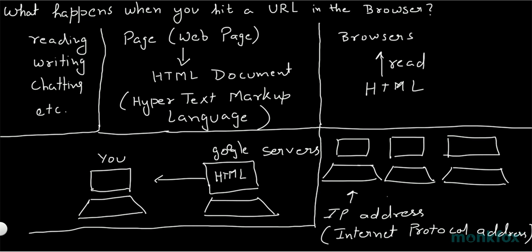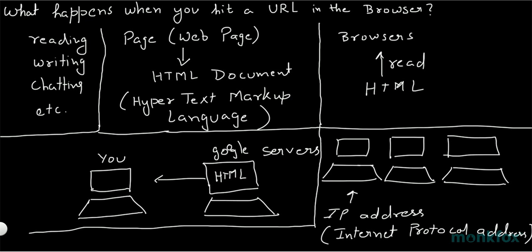So with the help of an IP address, you can clearly and uniquely identify a computer system. So till now, the conclusion that we arrived at is, to access an HTML document lying on a remote server, first thing you need to do is uniquely identify that server or system. And to uniquely identify that system, you need an IP address.